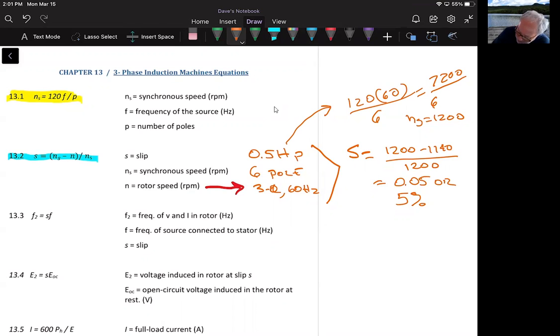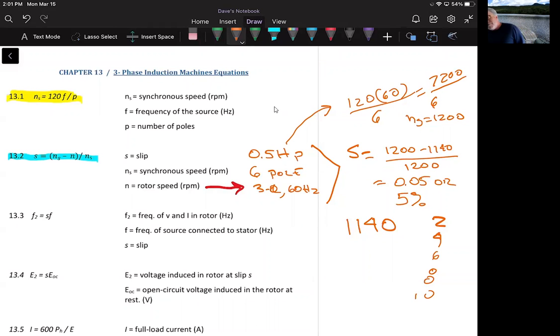Let's go to this problem right here. If we're told that the rotor speed is 1140 RPMs, and a question might be asking you to determine the number of poles, okay? Well, to do that, you have to remember that poles always have to be in multiples of 2. You can have a 2-pole, a 4-pole, 6-pole, 8-pole, 10-pole, and so forth and so on.